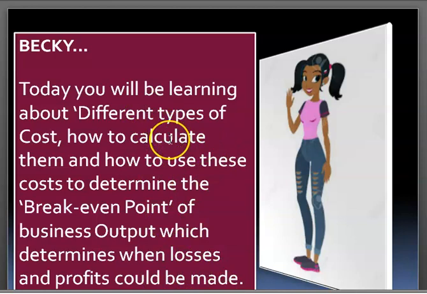Today, Becky, you will be learning about different types of costs, how to calculate them, how to use this cost to determine the break-even point of business output, which determines when losses and profits could be made. So I'm sure the new word that you may not have really heard of is the break-even point. But today you will understand what it's all about, okay?